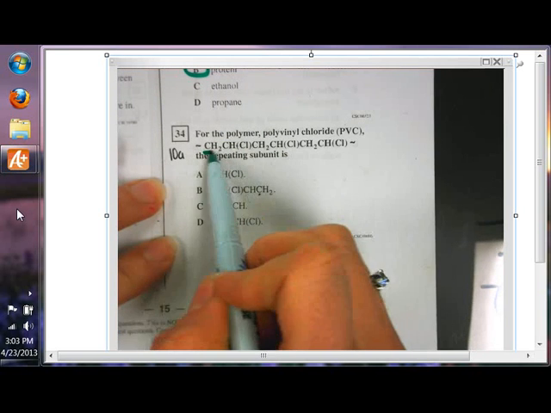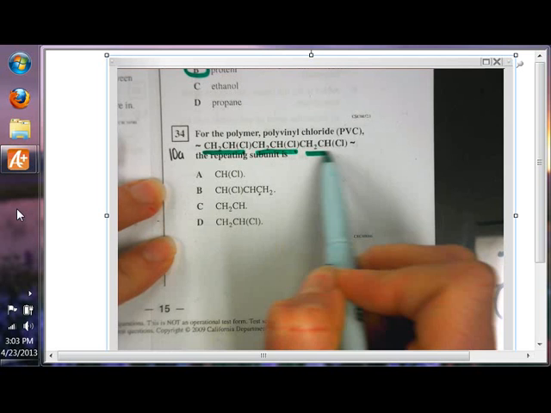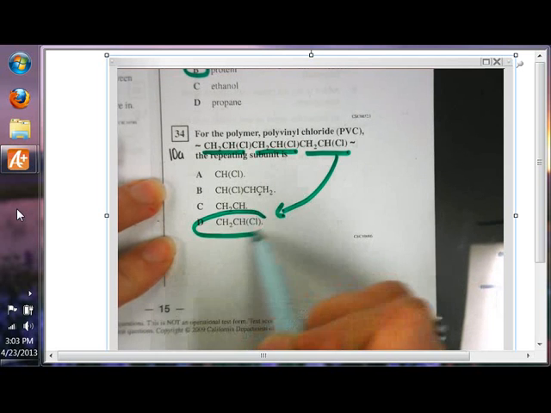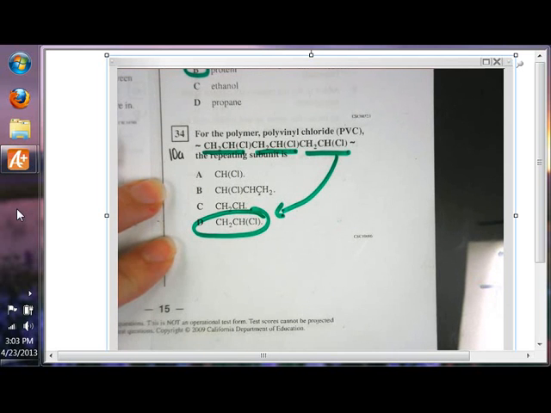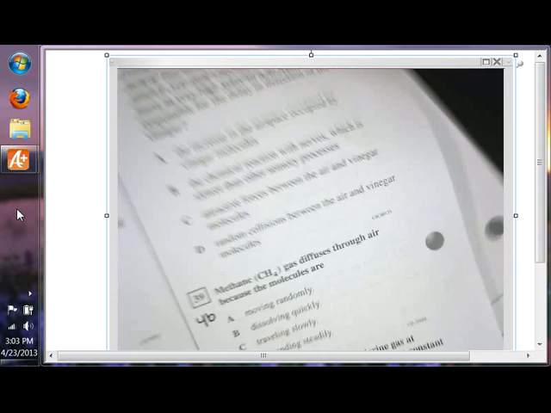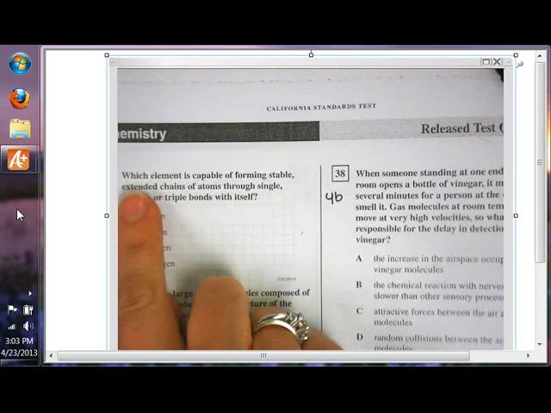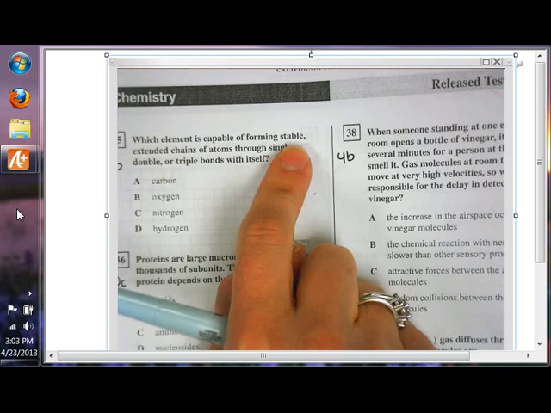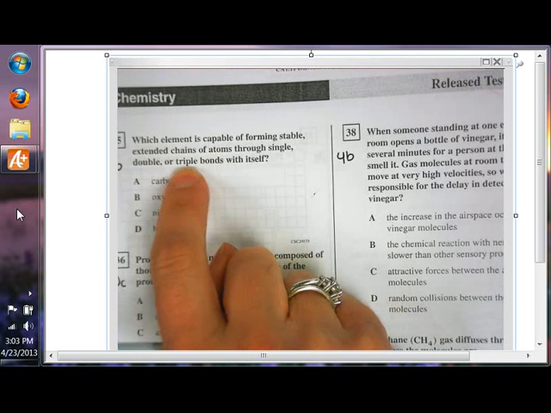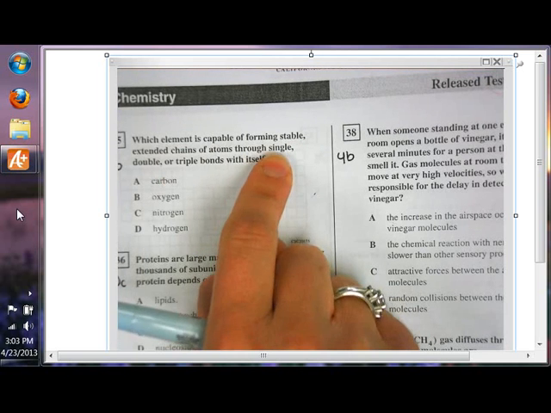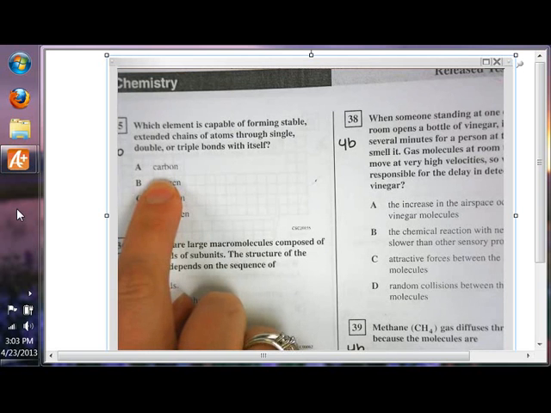Notice you keep seeing this subunit over and over again. That's the repeating subunit. This is the last one we're going to do. Which element is capable of forming stable chains, double, triple, and single bonds? That is definitely carbon. Carbon's special like that.